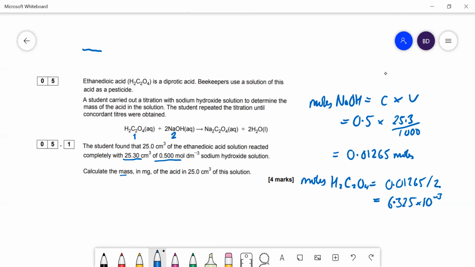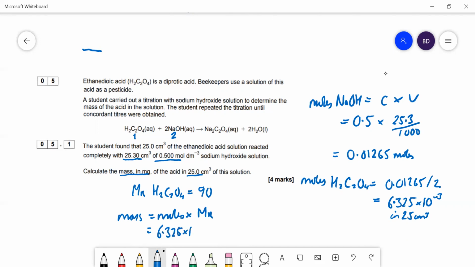Calculate the mass in 25. Well, that's the moles in 25. So to work out the mass, we've just got to multiply by the MR. The MR of H2C2O4 is equal to 90. So the mass is equal to the moles times the MR. 6.325 times 10 to the minus 3 multiplied by 90 gives us 0.56925 grams.